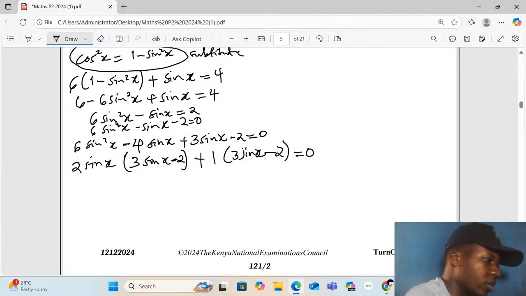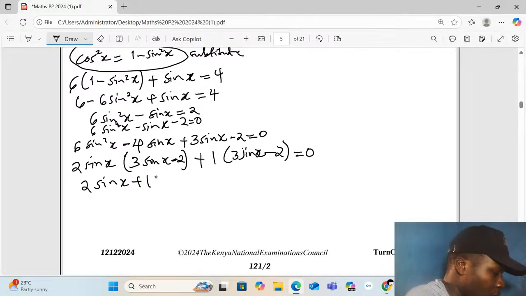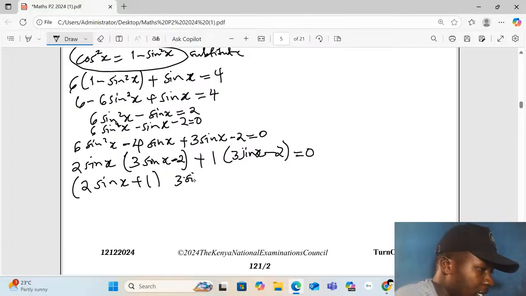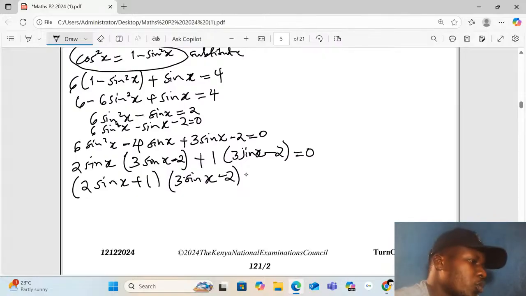So we pick one of the brackets that is common, then we add the 2 sin x plus 1, then we pick one of the ones in brackets, we have 3 sin x minus 2, that way, which is equal to 0.